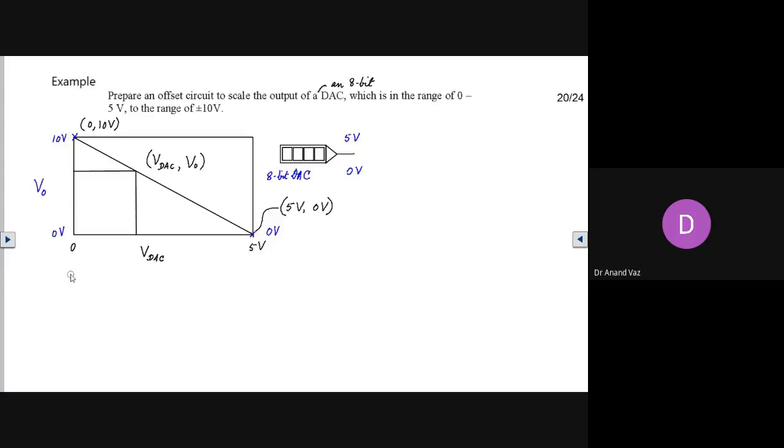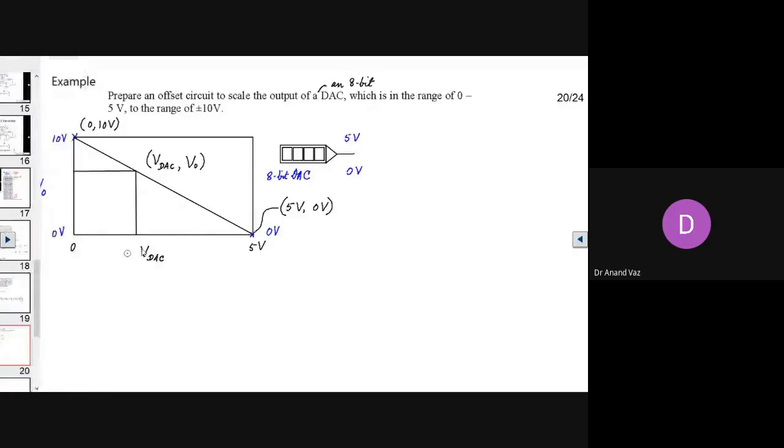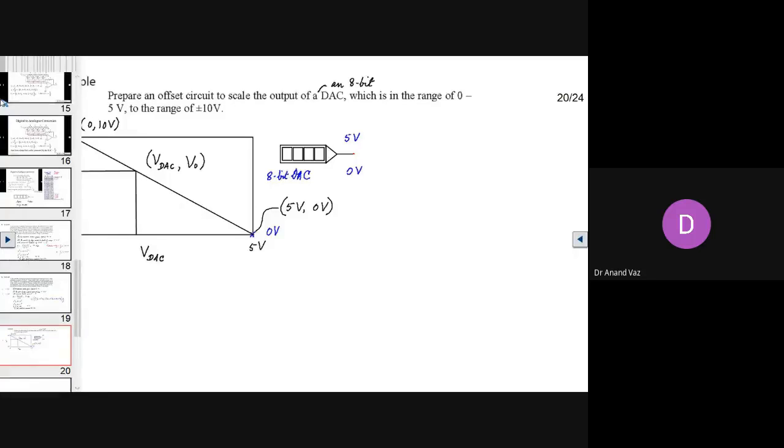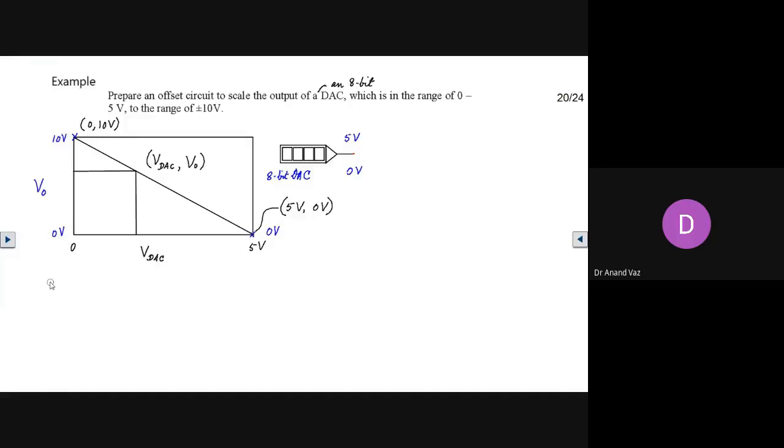That is going to be the relationship which we are looking for. So the equation will be like this. V output, so this minus this upon this minus this.